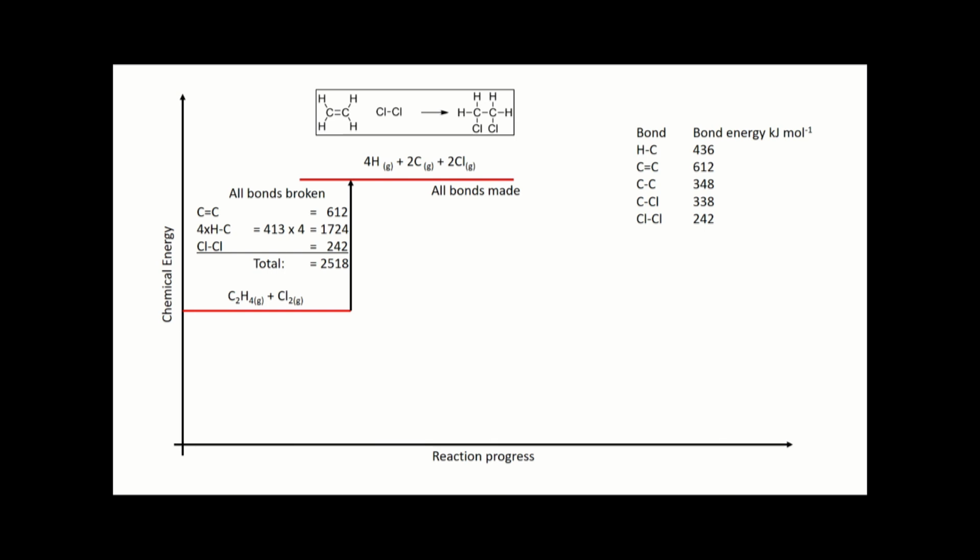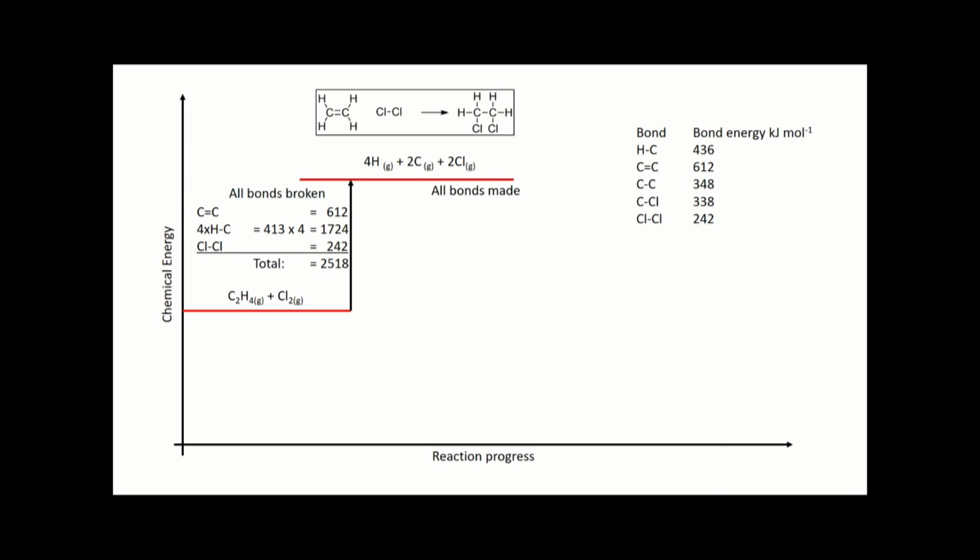So, is it exothermic or endothermic? Well, to find out, we're going to calculate the bonds made. We know that the bonds broken will be an upwards change. Again, I would draw this out as I was doing it, so the upwards arrow with that number 2518. If all the bonds are made, we've got 4 CH bonds again, which we know is already calculated.